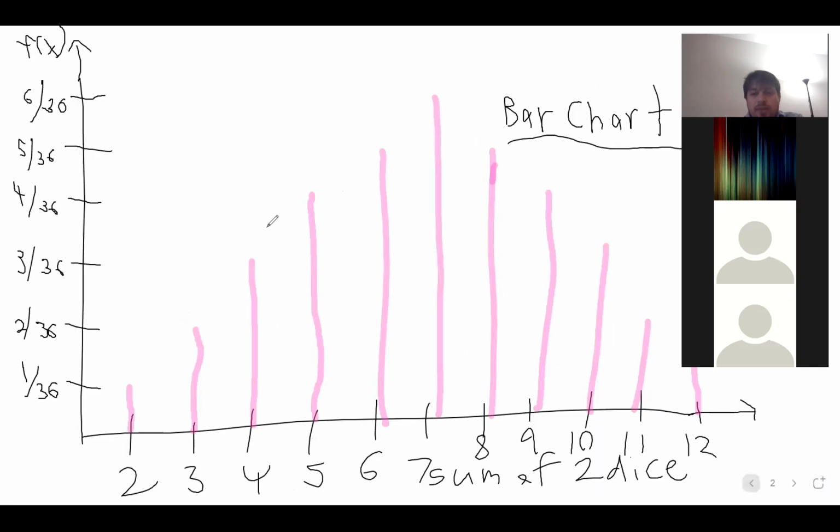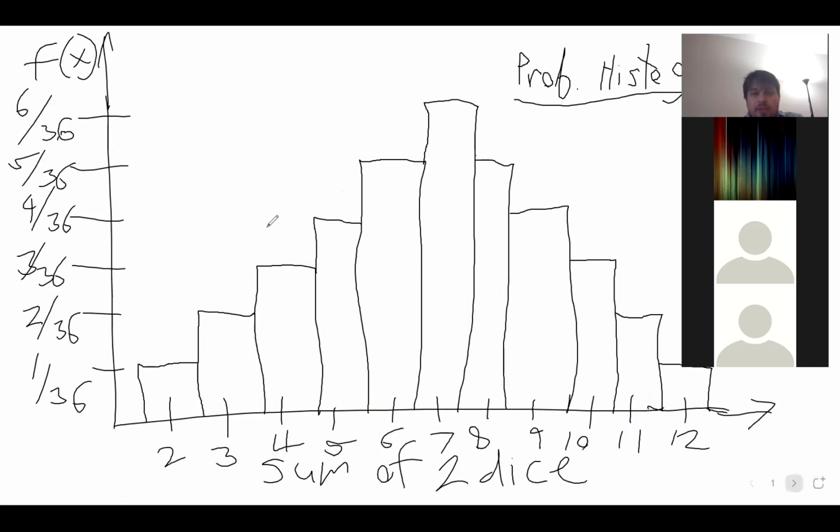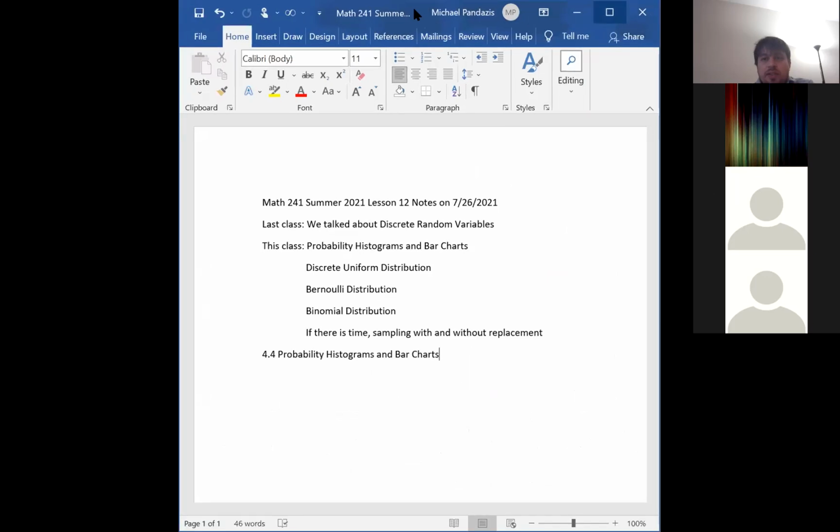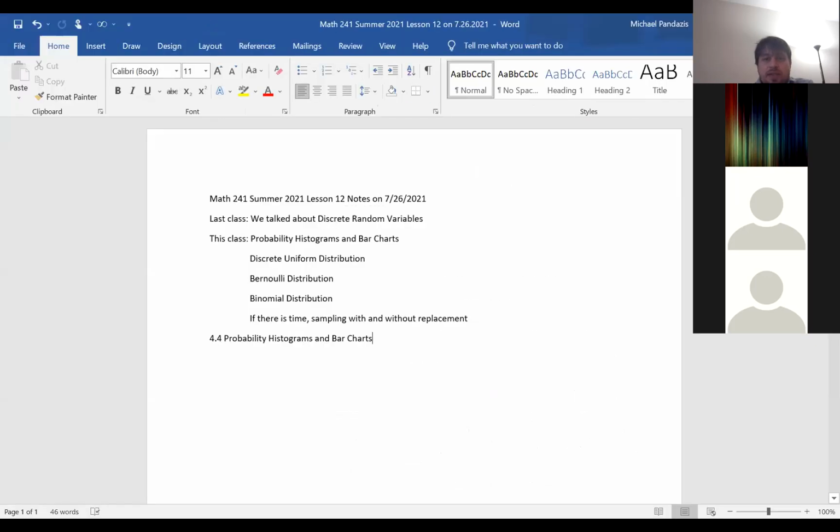That's the bar. Probability histogram, bar chart. I'm glad I'm done drawing that. The pictures on the whiteboard illustrate both.